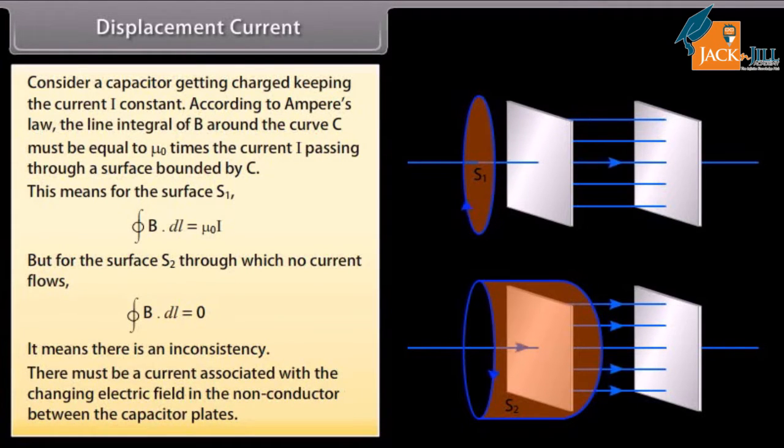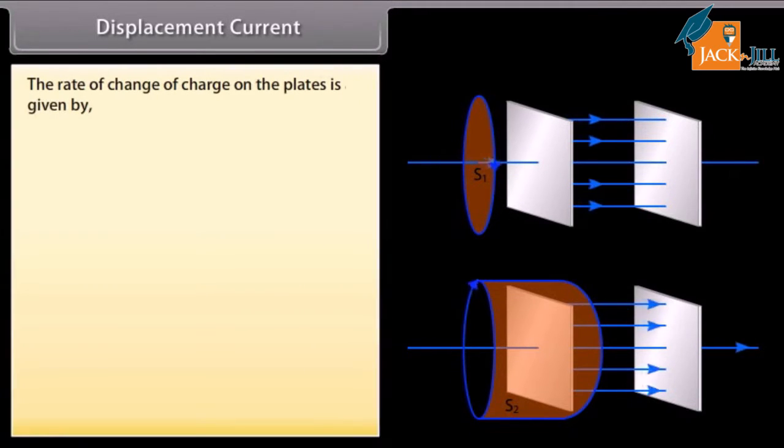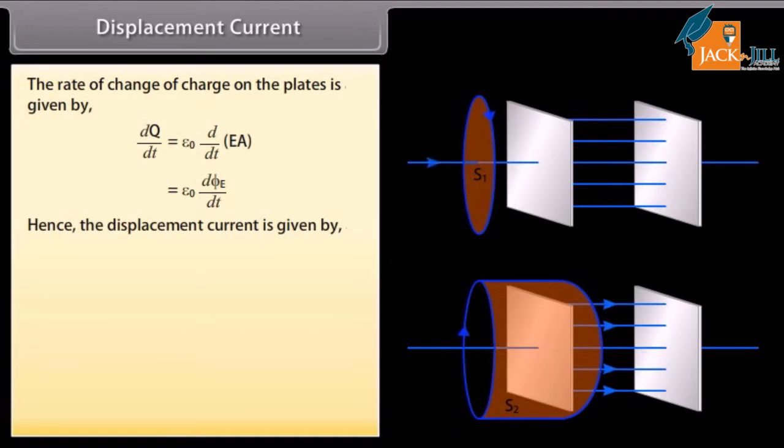There must be a current associated with the changing electric field in the non-conductor between the capacitor plates. The rate of change of charge on the plates is given by epsilon naught d/dt of EA, which is equal to epsilon naught d phi E by dt. Hence, the displacement current is given by I_D equal to epsilon naught d phi E by dt.